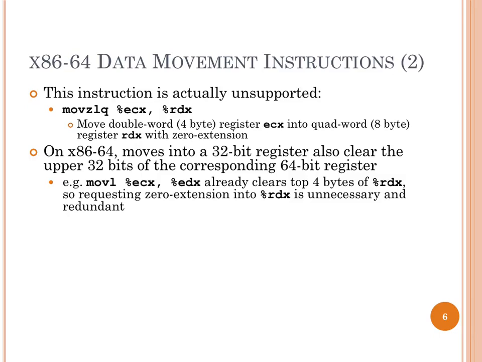It also greatly simplifies a lot of the operations where, let's say you have an int variable i. Remember in C, you have int i and you want to iterate over an array? Well, it turns out that even though that int is going to be 4 bytes, you still need 8 bytes to specify the offset into the array for doing address calculations. And so the processor helps you out a lot by always setting the upper 4 bytes.